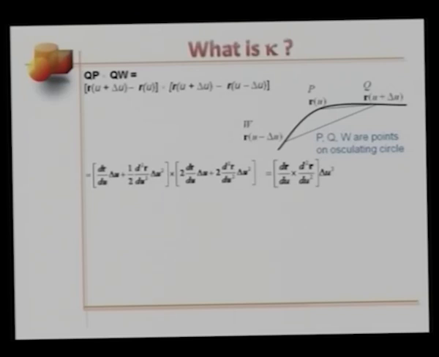If we further work out the algebra, this cross product will reduce to dr over du crossed with d2r over du squared times delta u cubed.